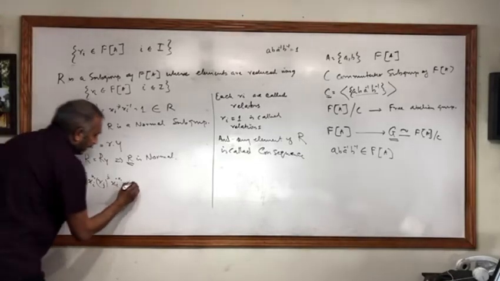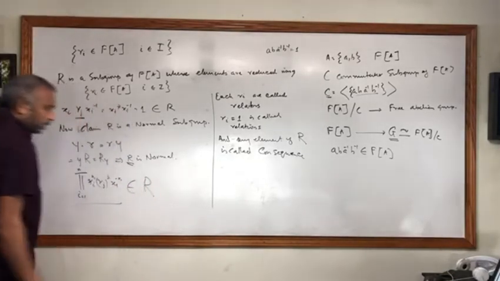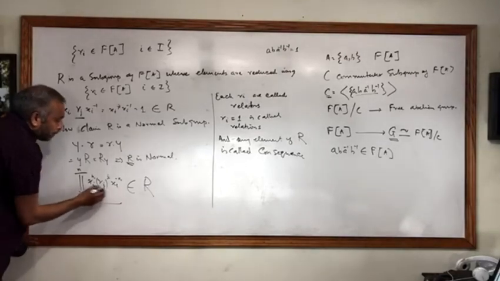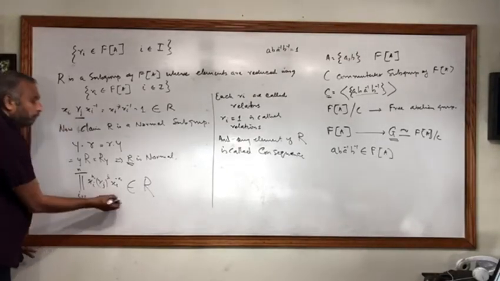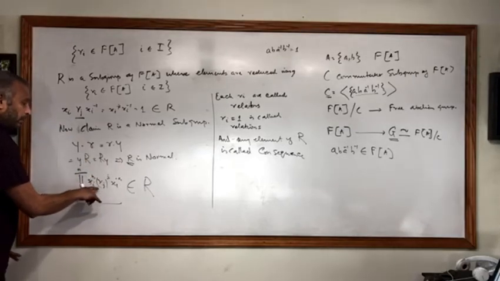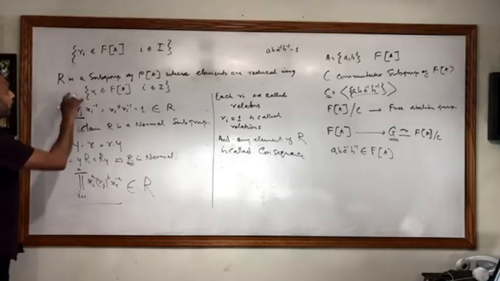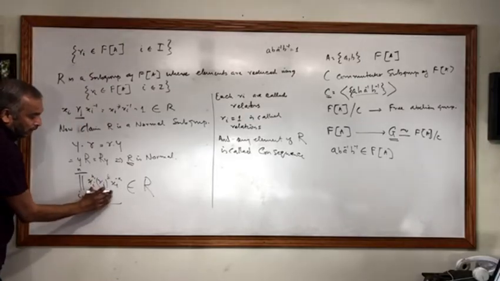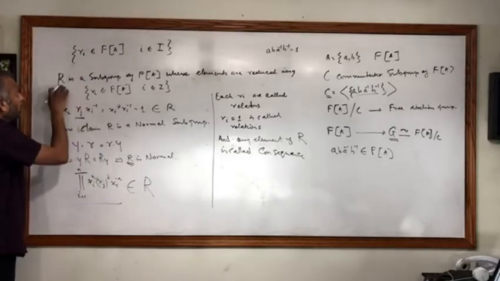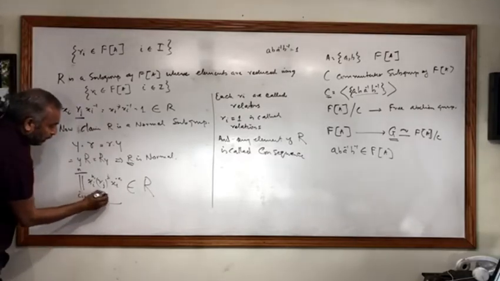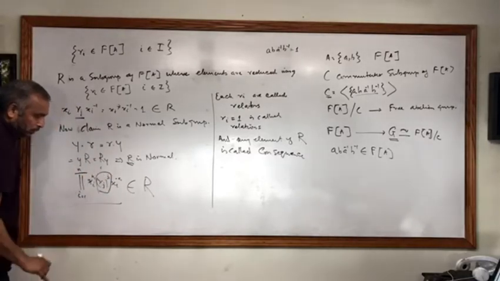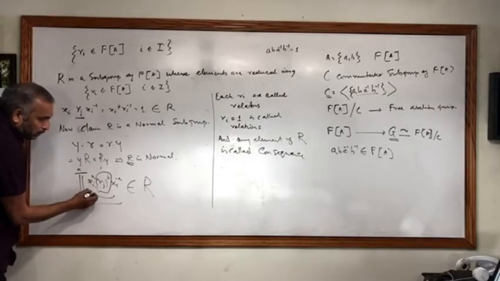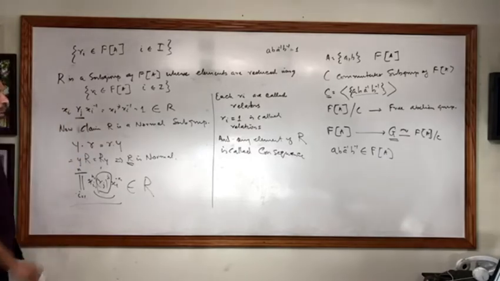This is actually an element of R. So this is a consequence, a finite product of the powers of the relators of this form, and it also belongs to R, because when you compute, this will be 1. So if this is 1, this will automatically become 1. So it actually belongs to R.